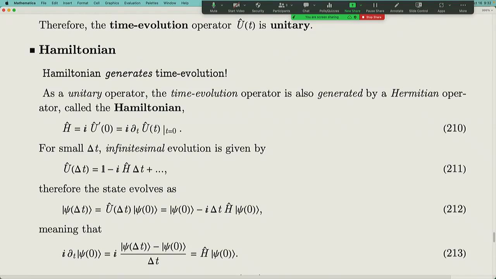So for a small delta t, infinitesimal evolution looks like this. And then therefore, for small delta t, the state will evolve in such a way. So if you start from a state at time 0 and apply this infinitesimal unitary operator, it basically applies the whole bunch of operators to the state.